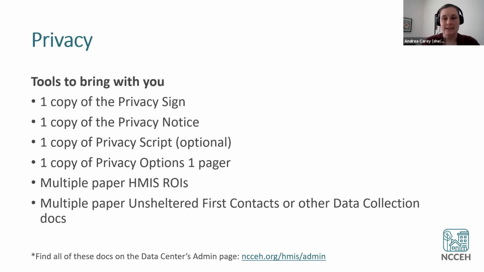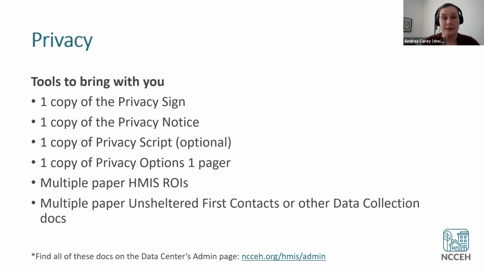So we basically need to take some of the documents that you would normally find in an intake room at a shelter or a permanent housing office and bring them with you. That's going to include a copy of the privacy sign, a copy of the privacy notice, should someone request to see that, maybe a copy of the script if you want that to reference.